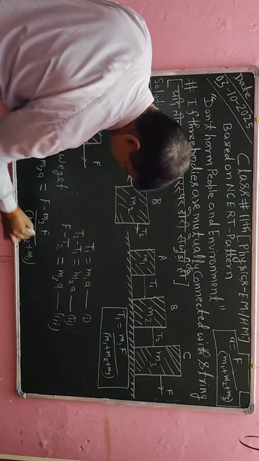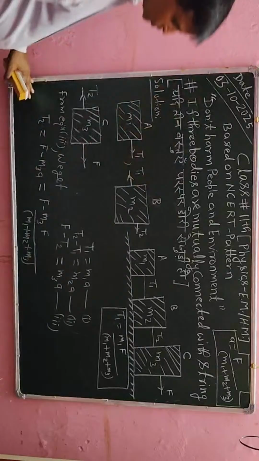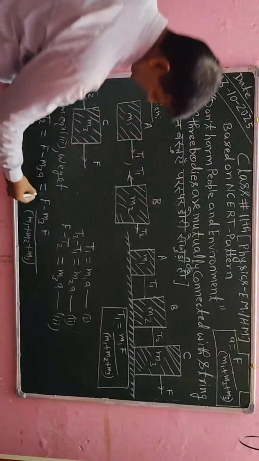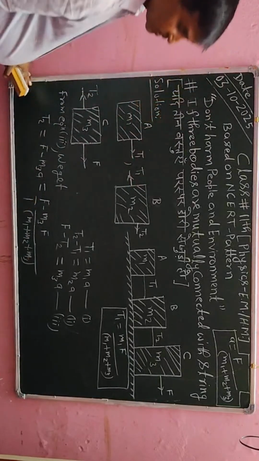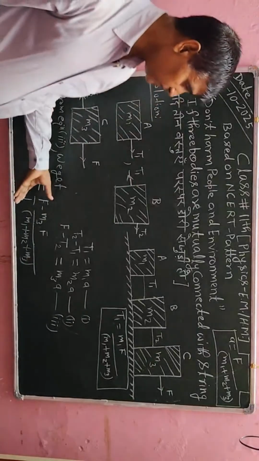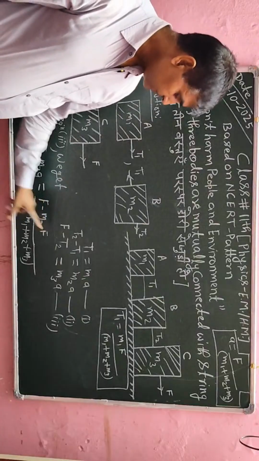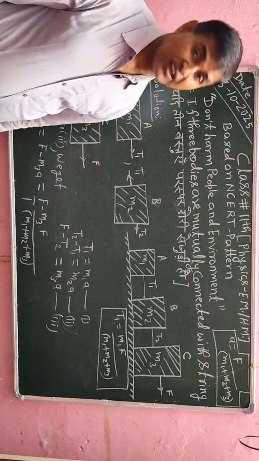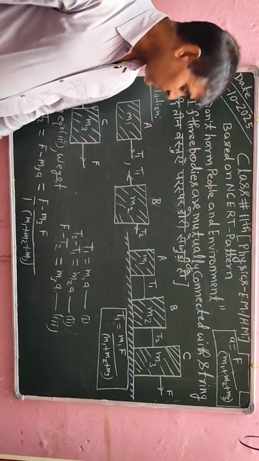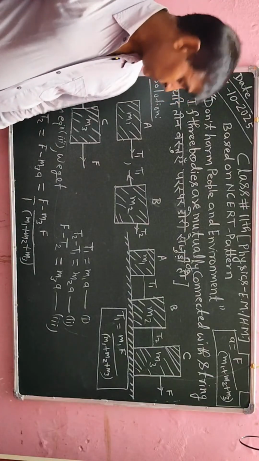So all values I have written here. Okay, so I will use the concept of fraction. Here one fraction is equal to F divided by 1 minus M3 F divided by M1 plus M2 plus M3. Now I will simplify it, and after simplifying I will get the value of T2.